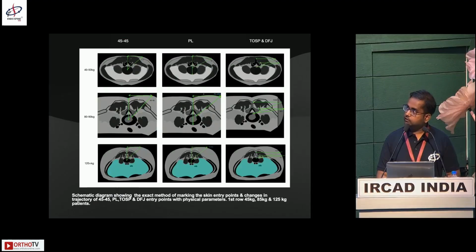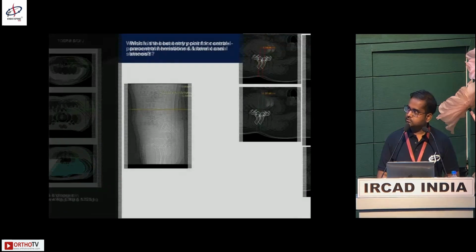So this is how the trajectories are changing with the weight of the patient. You can see 45-45, 80 kg and 120 kg, the trajectories are different. This we have already discussed.